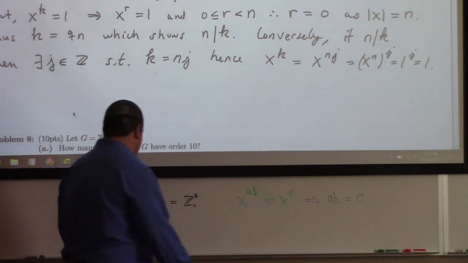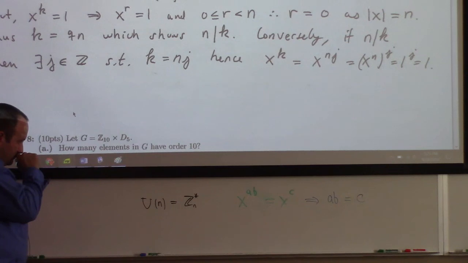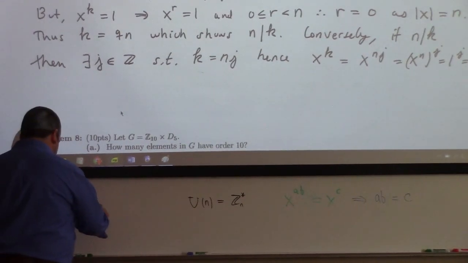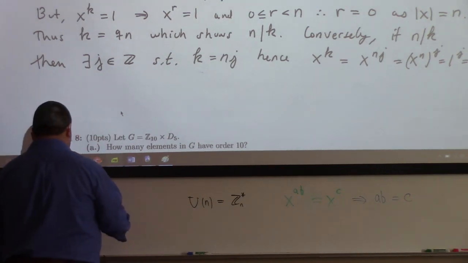You pick your favorite group. How about 2 to the 3 times 5 equals 2 to the, I don't know.